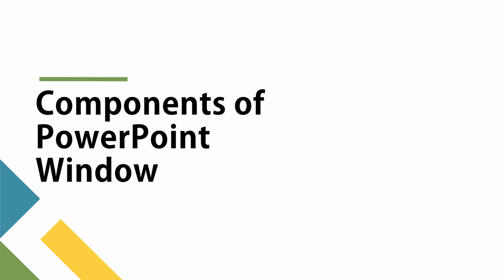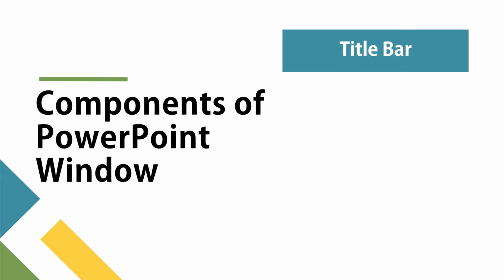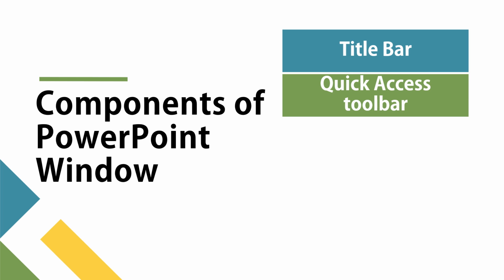Now let's revise the various components or parts of the PowerPoint window. The first we learned is the title bar at the top of the window. Second was the Quick Access Toolbar, which has buttons for commonly used commands like Save, Undo, Redo. The options that we use very frequently, those buttons are available on the Quick Access Toolbar.